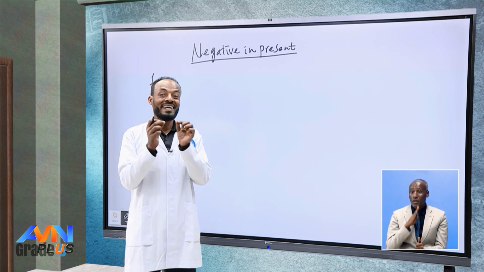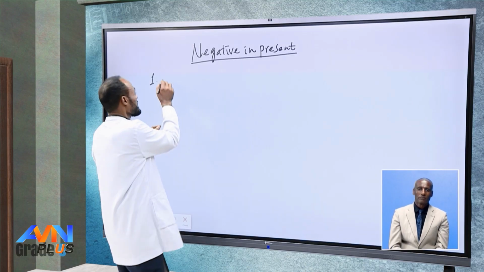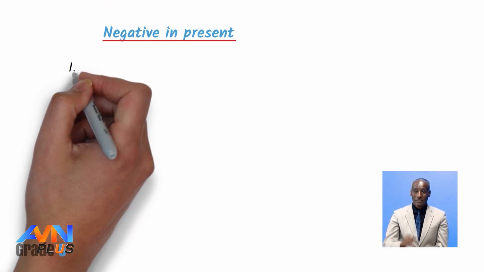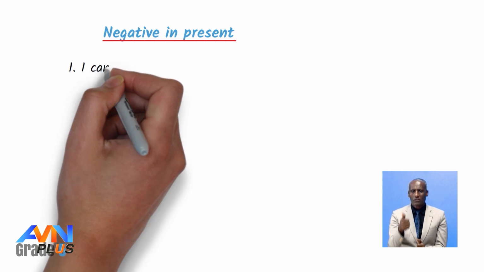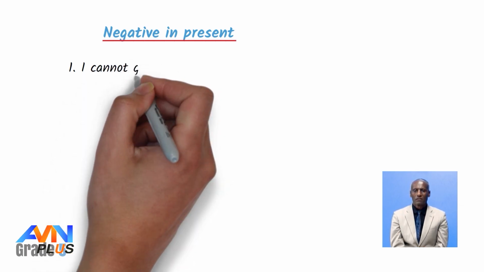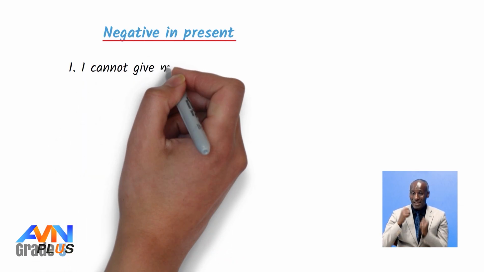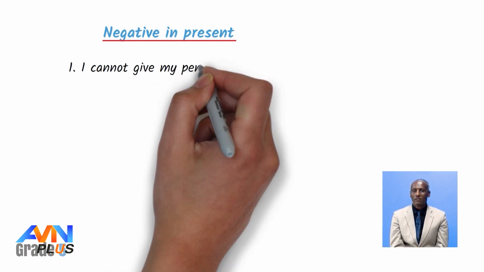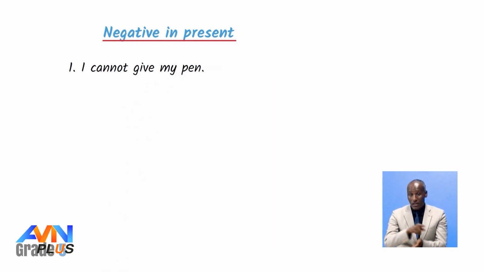We can use not, okay? So we can say, I cannot. Bear in mind, I cannot give you my pen. Here cannot is a negative marker.